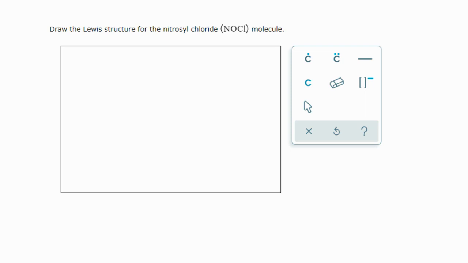Okay. Just for fun, what would the electron geometry be? We have 3 different groups. So this would be trigonal planar if we're looking at the electron geometry.